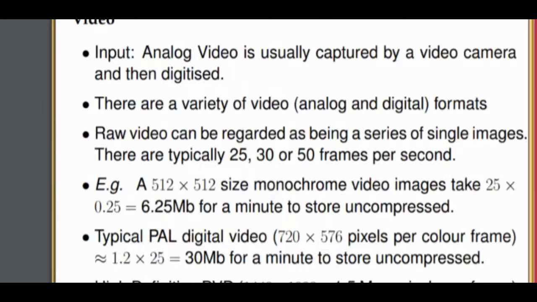Raw video can be regarded as a series of single images. There can be 25, 30, or 50 frames per second. That means 25, 30, or 50 images are played in front of your eyes within a second, which gives you an illusion that the contents are moving.